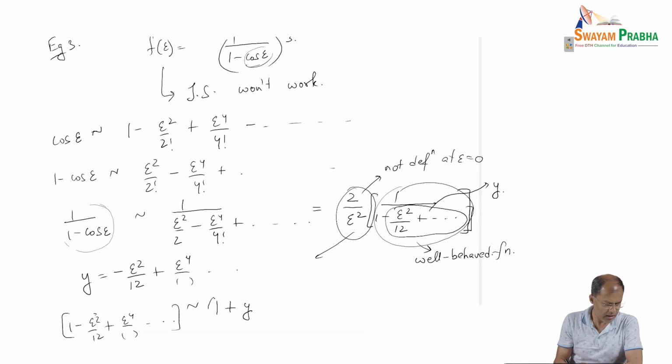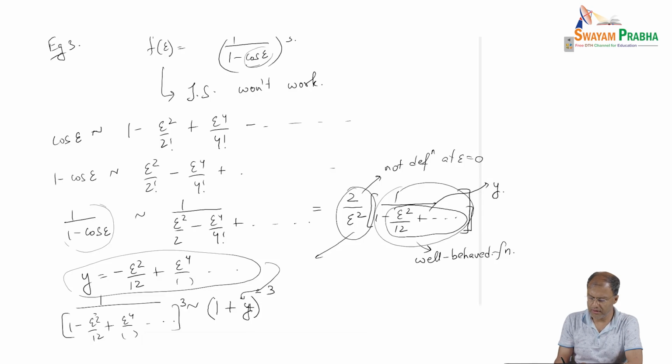And now the original problem was 1 by 1 minus cos epsilon to the power 3. So now what we have is 1 by this whole factor to the power 3. So this is now 1 plus y to the power minus 3, given y to be this series that we have assumed.